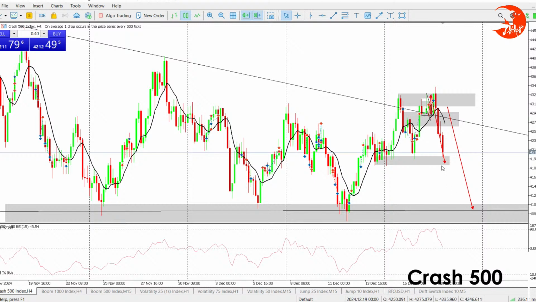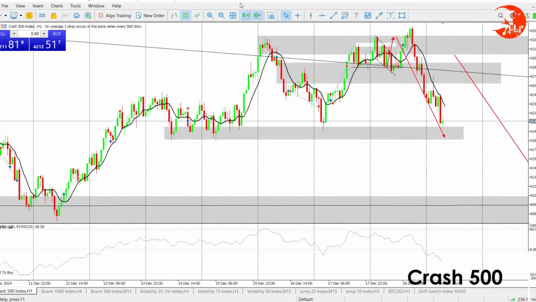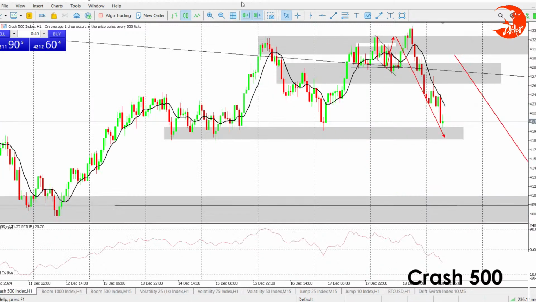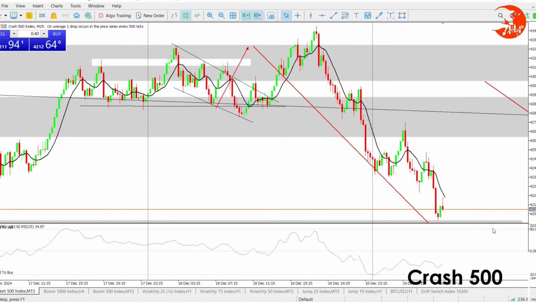So now we missed the first TP, so now we can look at taking advantage of the second TP. Let's look at H1. We're still selling, so on M15 we are retracing just because we reached oversold. First delete this.